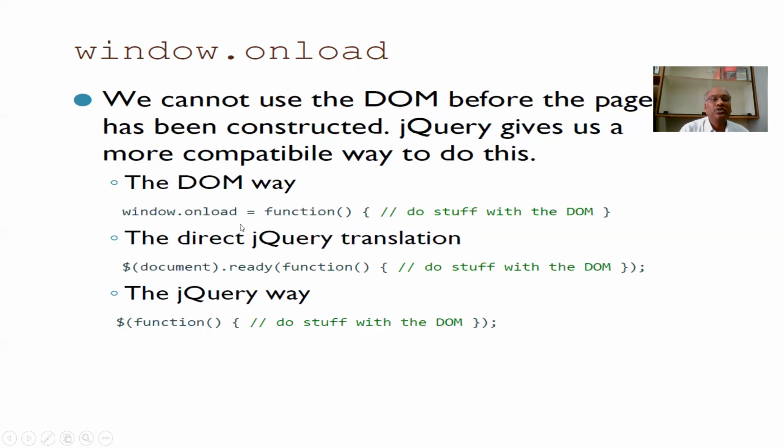Now if you are going to use your jQuery statement, the same window.onload equal to the function to be executed once the document is loaded can be simplified with the statement $(document).ready function, and do the appropriate action over here. In a simpler way, you can also use simply the dollar function, which implies that the document is in the ready state.